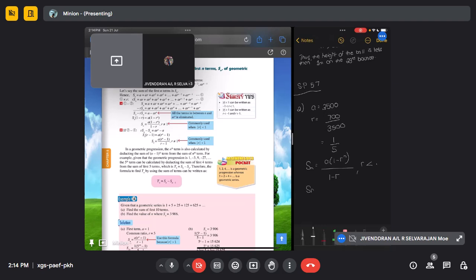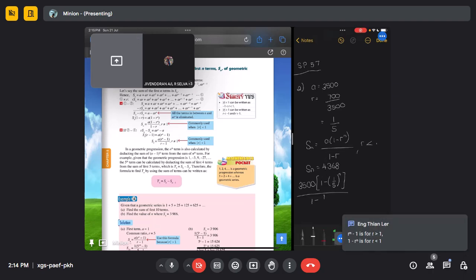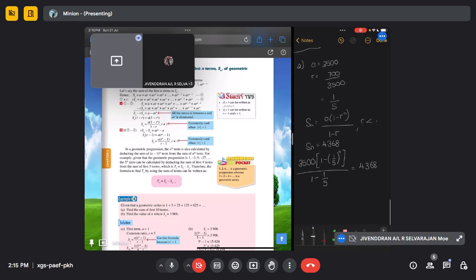So the Sn is 4,368, then 3,500, 1 minus, please put the brackets. Sometimes, if you don't put the brackets, your answer might be wrong. Later on, try to type it inside the calculator. Keep it inside the calculator.